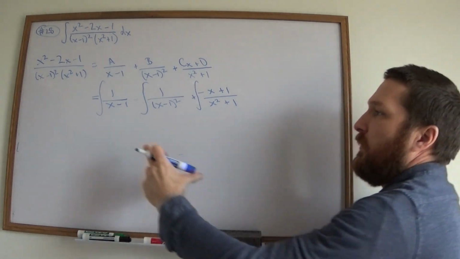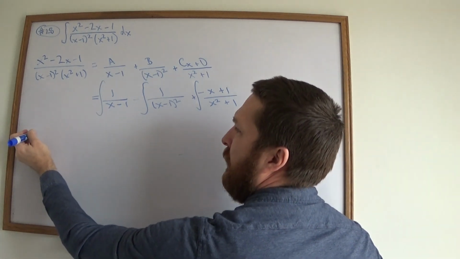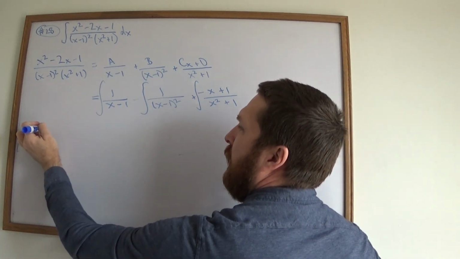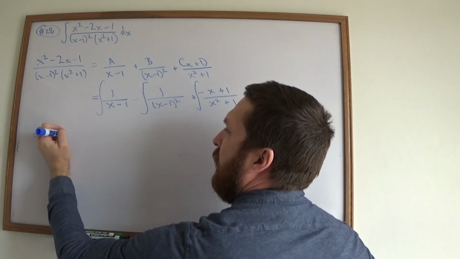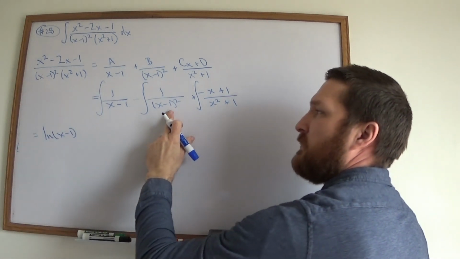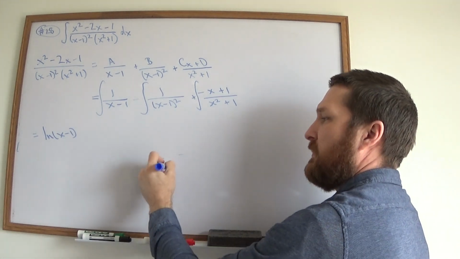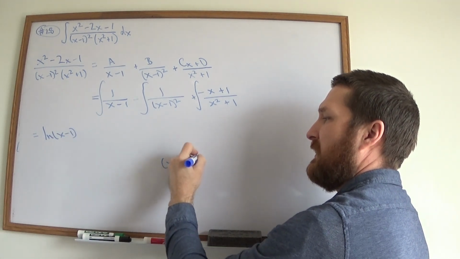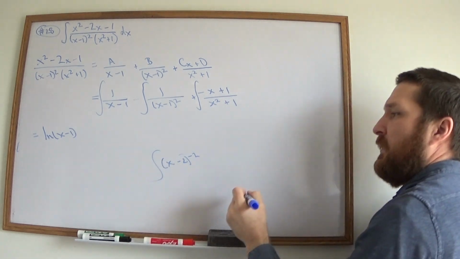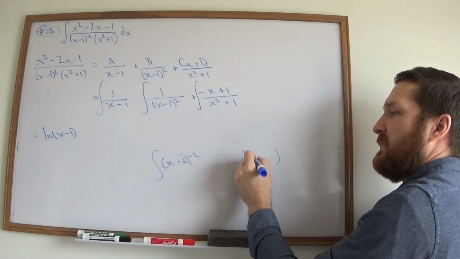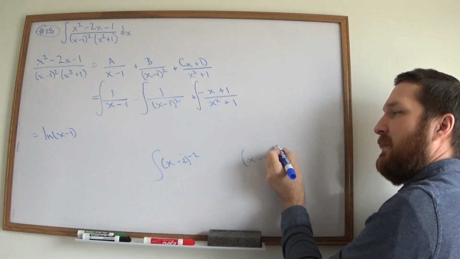So, the first one, what's this one work out to? Log of x minus 1. Now, this one's weird because you think it's log, but it ain't. You have x minus 2 to the negative 2. So it's x minus 2 raised to the negative 1.